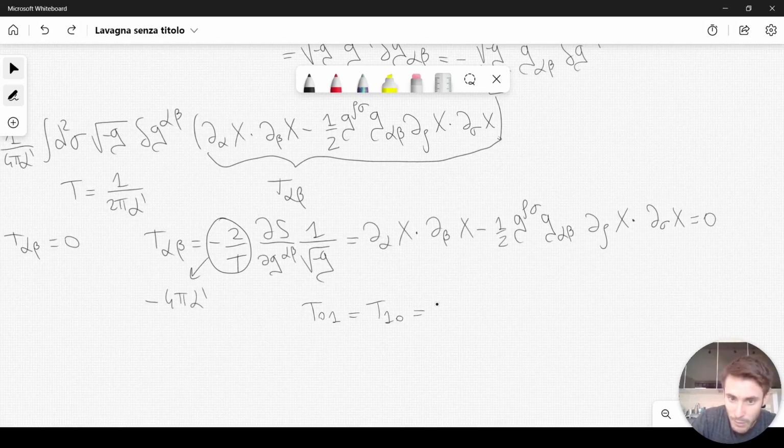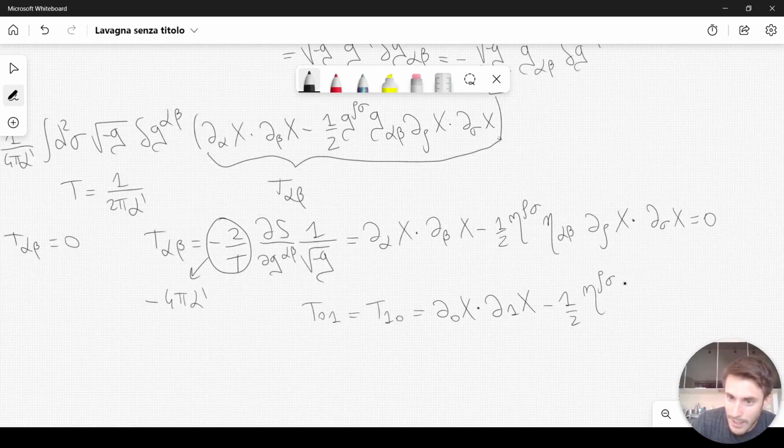So we have to set α equal to 0. So we have ∂_0 X · ∂_1 X, and then we have −1/2 g_{ρσ}. So in this case we are going to use the fact that g will be equal to η. So let me write down η here, and also here I will write η. So in this case we have η_{ρσ}, and then we have η_{αβ}.